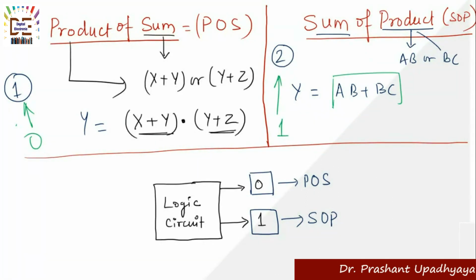You have seen this with the help of the operations you have done. Now coming to SOP: when we say SOP, we are writing for the logic output 1 only. Let's say I have an example.